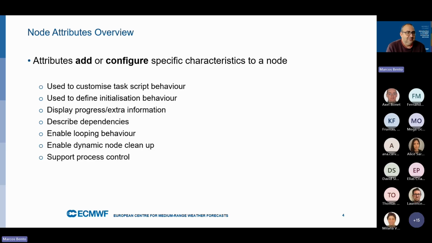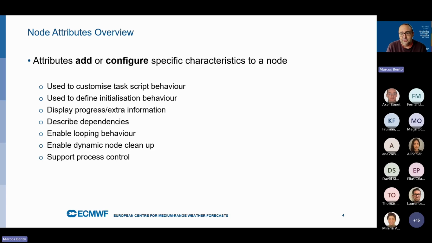They are used to customize task script behavior, right? So you put something in the suite definition so that it actually has impact on the task and eventually the job that is going to run. They define the initialization behavior. They are there sometimes just for the operator that spends the day looking at the UI, to see information there, because it is useful for them to see if something is happening or not.